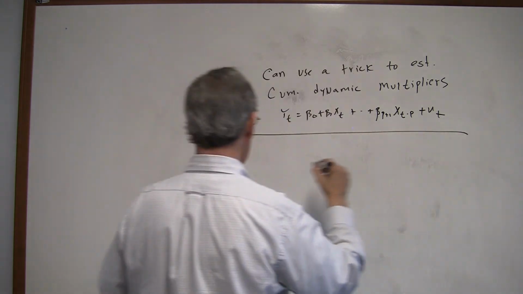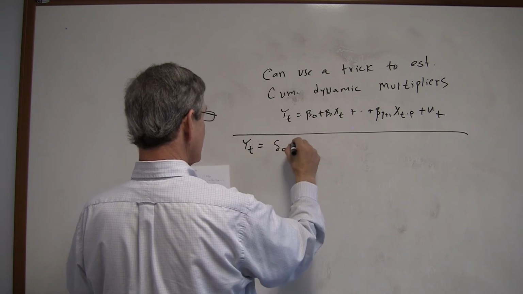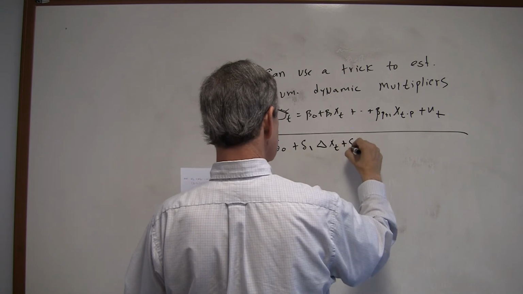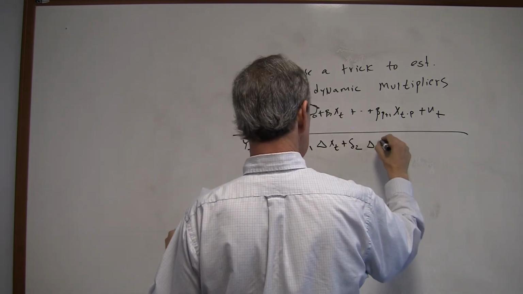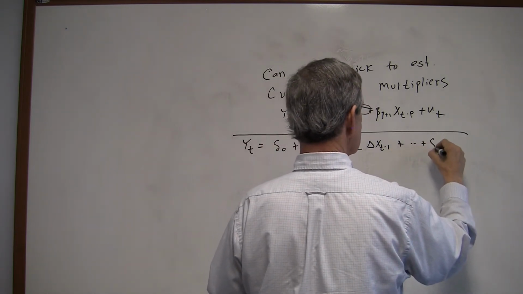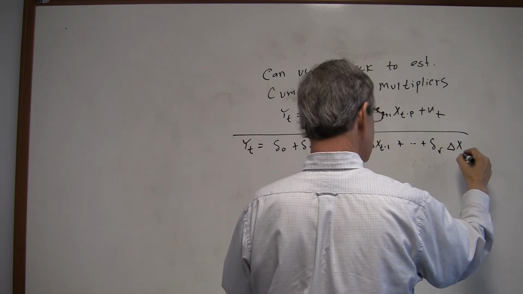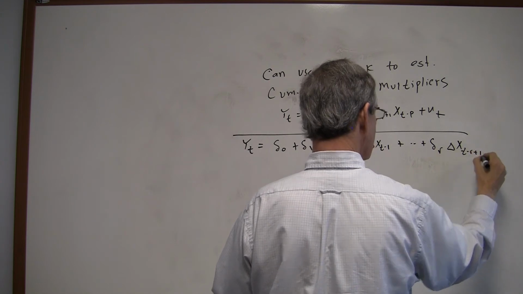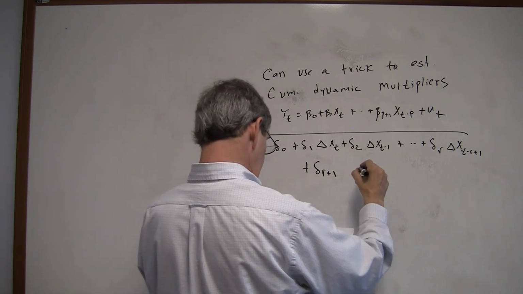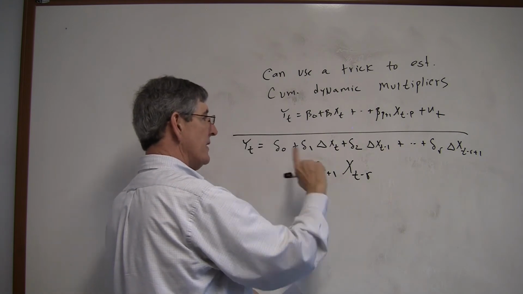You can estimate the model yt equals delta naught plus delta 1 times the change in xt plus delta 2 times the change in x t minus 1 plus delta r, the change in x t minus r plus 1, plus delta r plus 1 x t minus r, and there is no delta in front of the change on this one. There is on all the others.